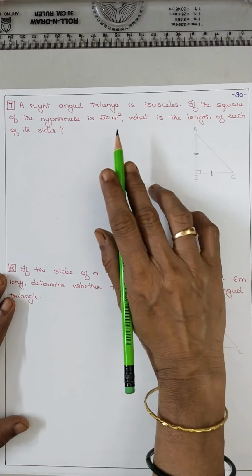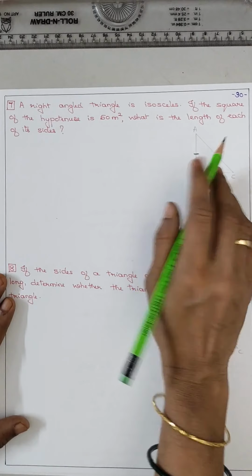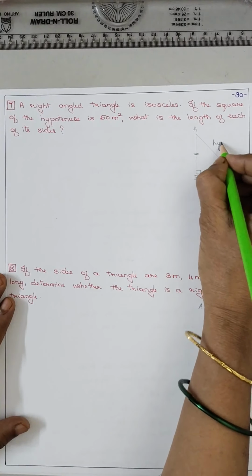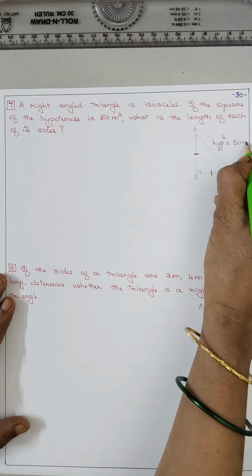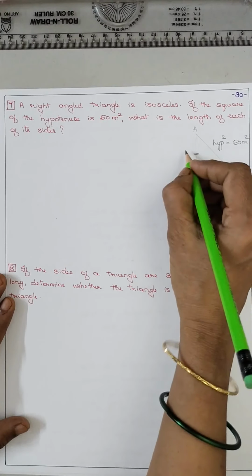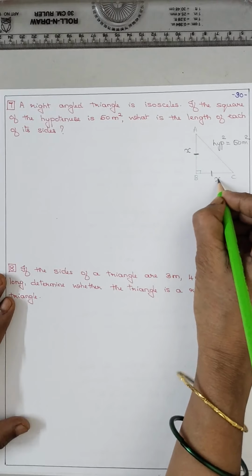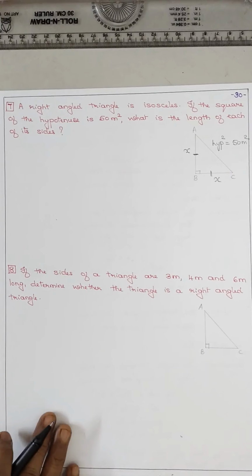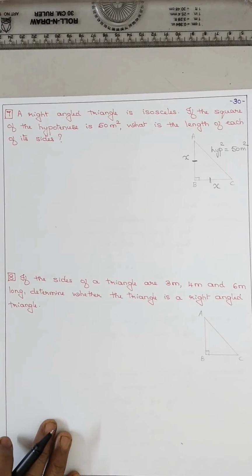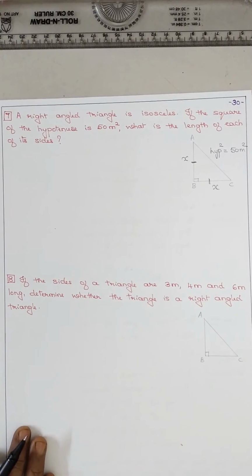Now the square of the hypotenuse is given, 50 meter square. You don't know these two sides, so take it as x. Already we have done this type of sums, isn't it? So when the two sides are equal and when it is not given, take it as x.